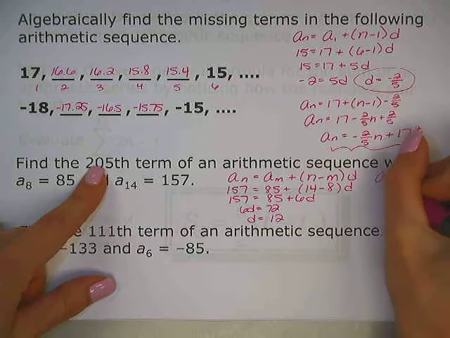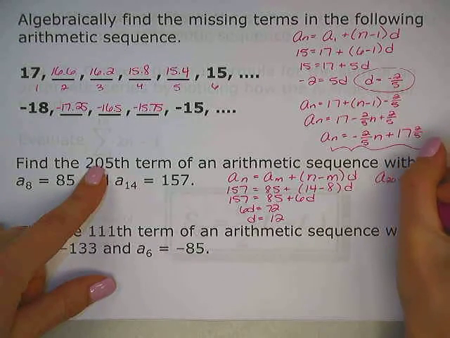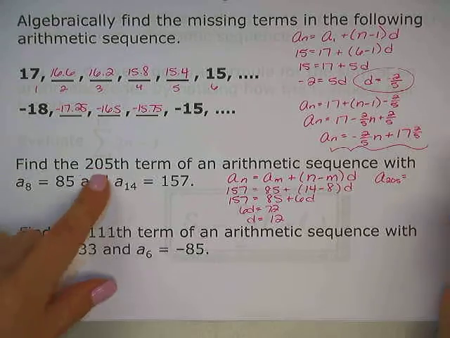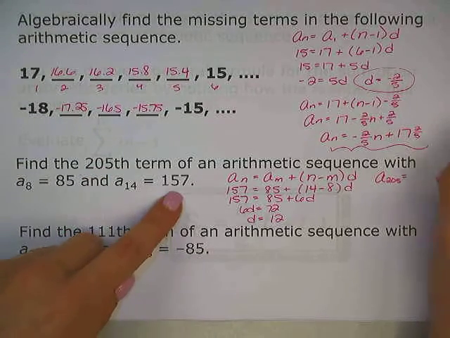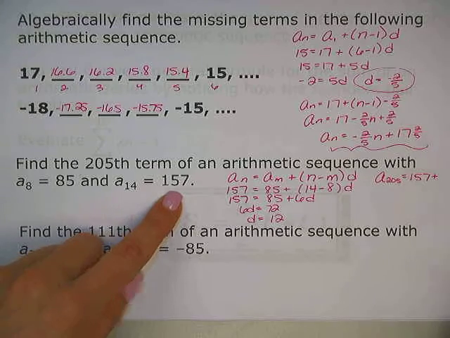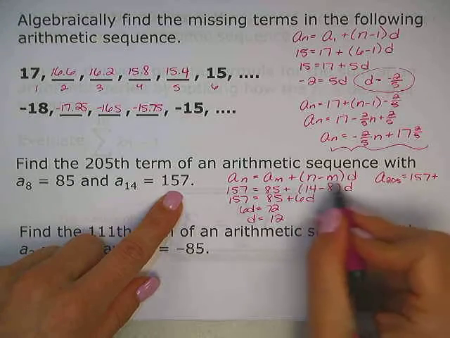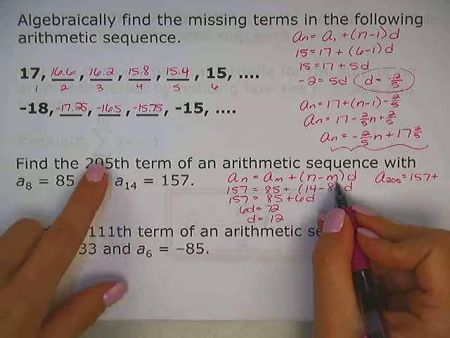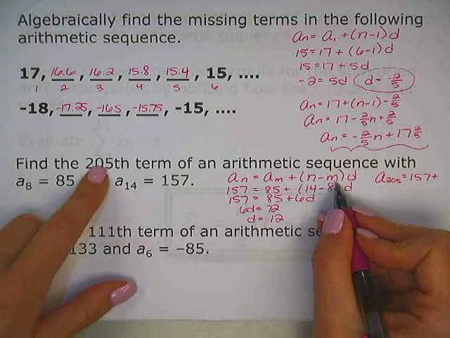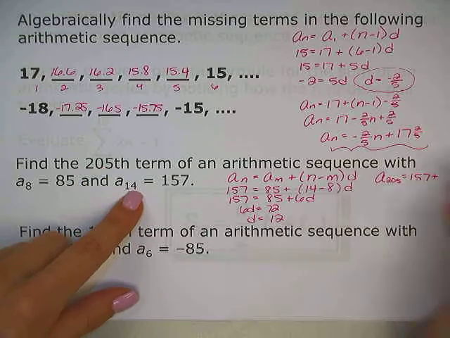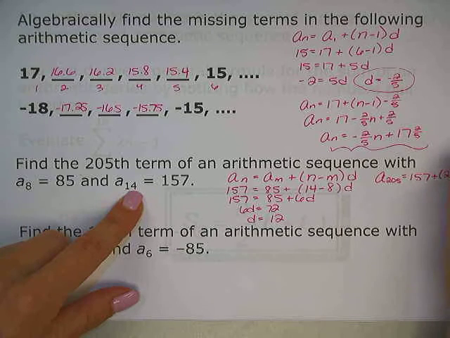So A sub 205 equals A sub m. I'm going to choose this 157, and then plus my two term numbers subtracted. Again, I'm finding the 205th term, and I'm using the 14th term. So plus 205 minus 14 times the common difference, which we just found to be 12.